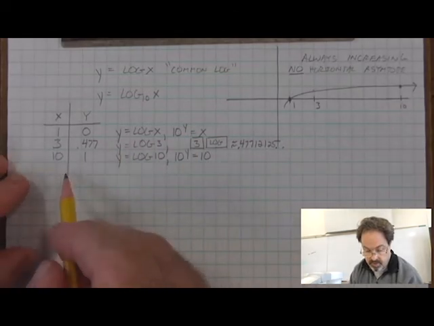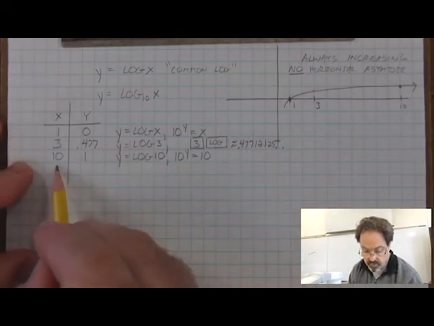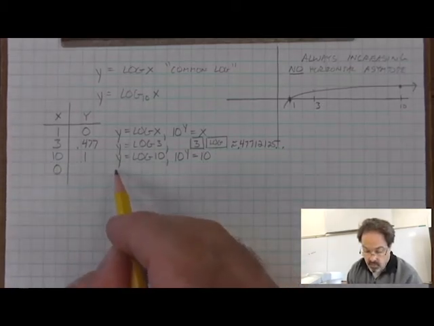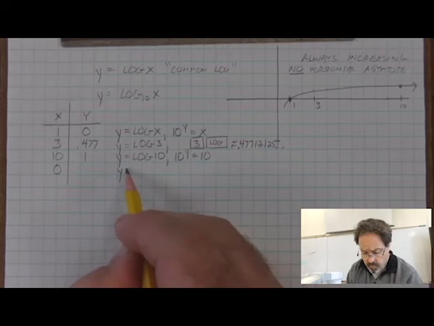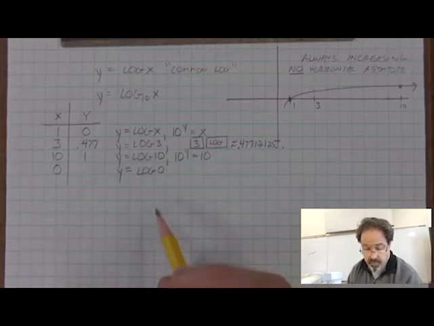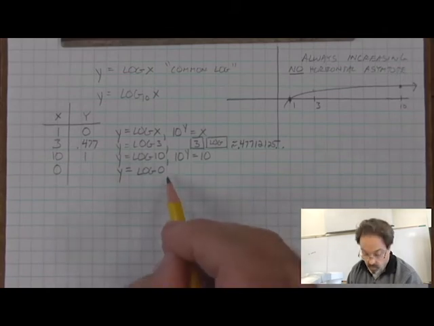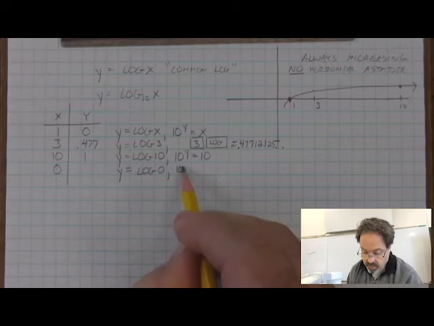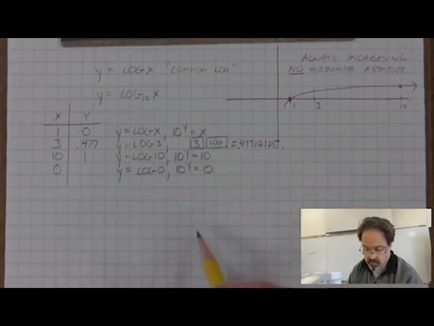Okay, how about going in the reverse direction? How about considering a value of x to be 0? Well, if we were trying to find y, then we're asking what is log base 10 of 0? Or, in exponential form, what do we have to raise 10 to in order to get 0?